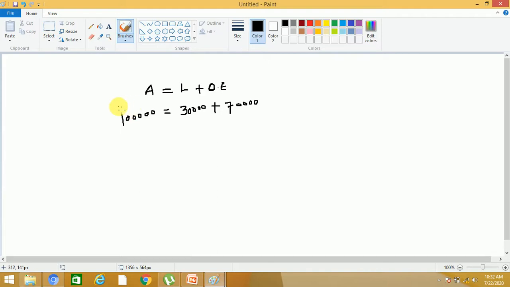Now keep in mind, you need assets of 100,000 to start your business. To purchase these 100,000 assets, you have only $70,000 in your pocket. The remaining 30,000 you took as a loan.